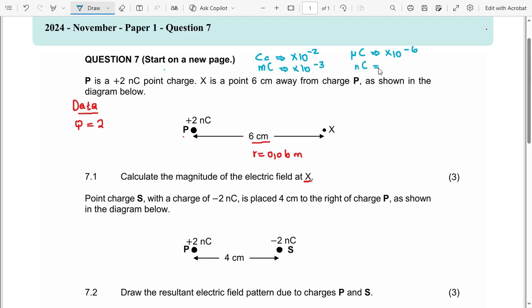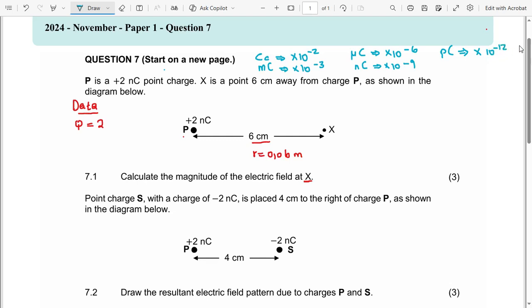If it's nano, you need to multiply by 10 to the power negative 9. And the last one is pico. If it's pico, you multiply by 10 to the power negative 12. Make sure that you memorize these conversions.